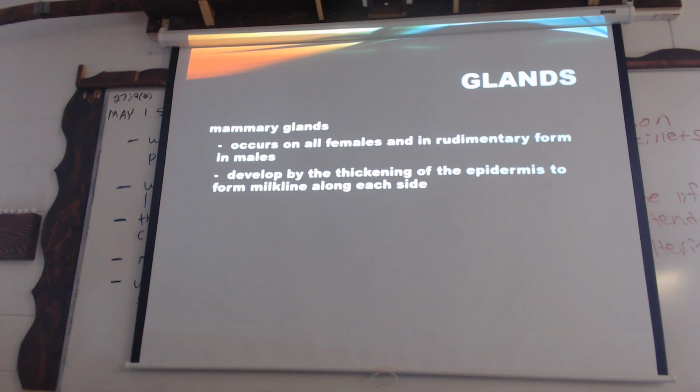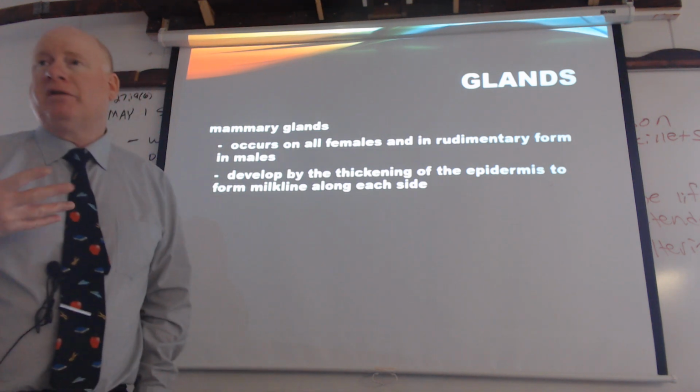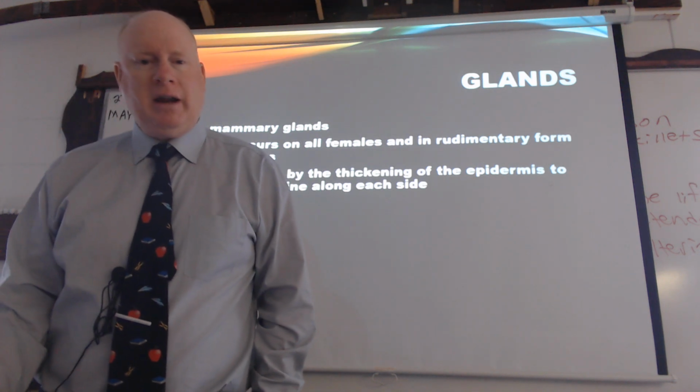Of course, it's a rudimentary form, which means the structure is there, but does not have the ability to do what? Correct. So it's the females that do that. Again, male felines would have these structures, but just don't produce milk. And it's a hormonal action that's inside the female's body that would create that. Okay, it's a good place to stop.